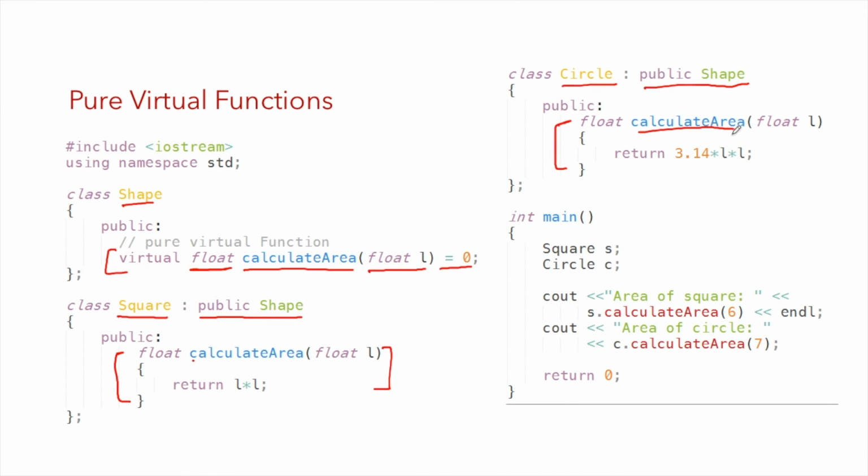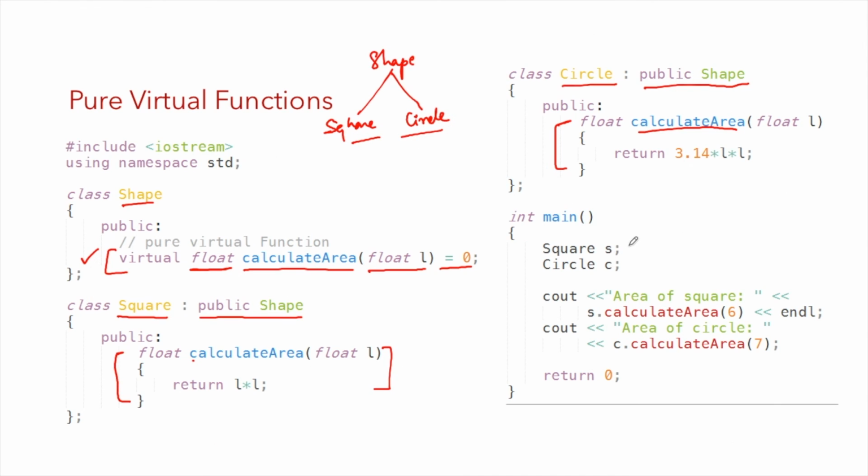Just to denote here, shape is my base class and it is being inherited into two more classes. One is square and the other one is circle. Your base class was carrying this pure virtual function, and it has been redefined in these two classes.